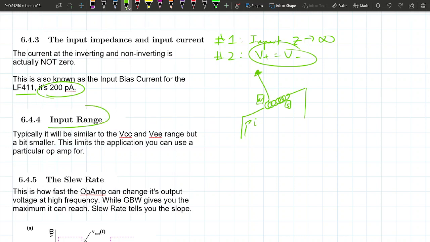Another thing is the input range. Each op amp is designed to have a particular input range. So for the LF411, you can never go above plus or minus 15 volts. So these are moderate voltage applications.